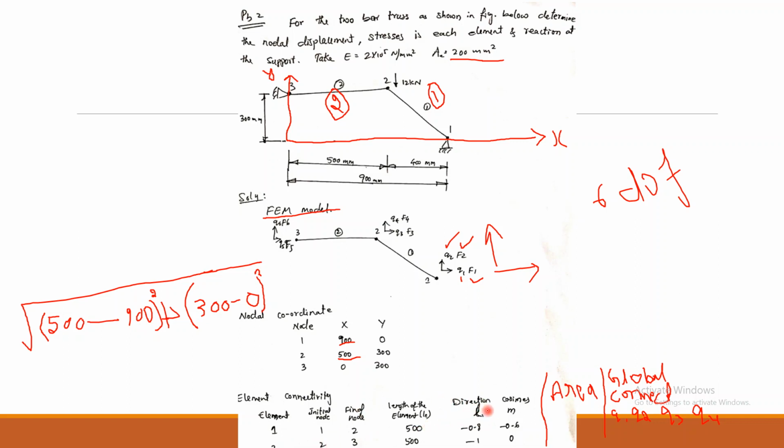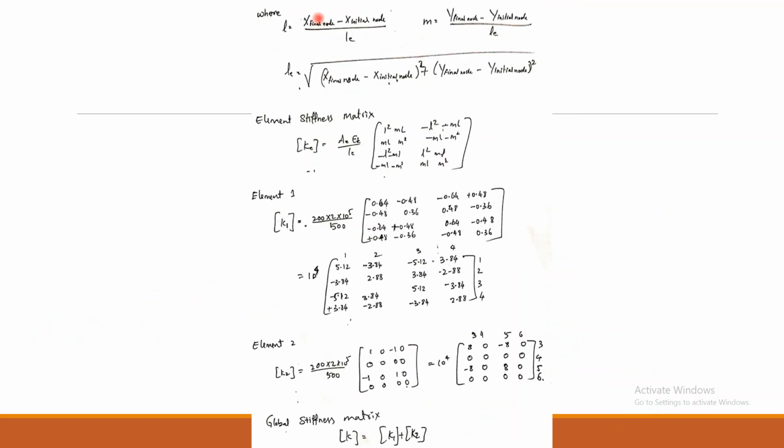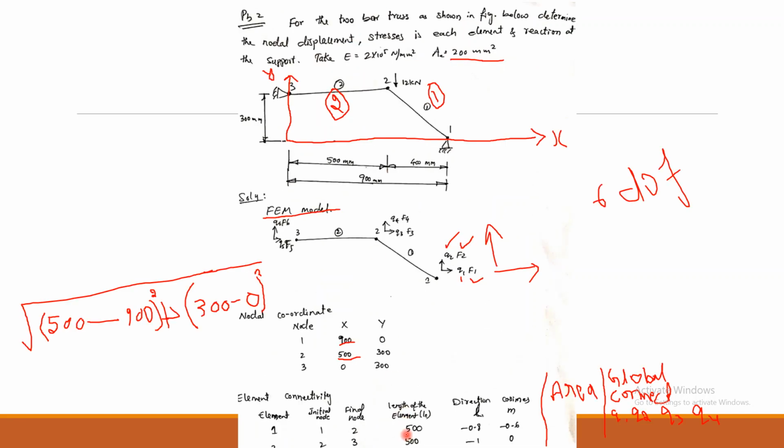Direction cosines. Let's talk about direction cosines. For direction cosine L, it is nothing but x final minus x initial divided by the length of the element. The length of the element we calculated as 500.